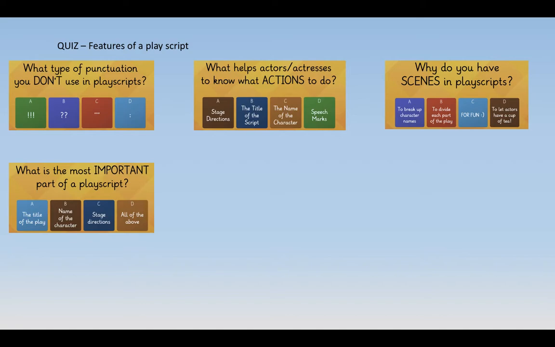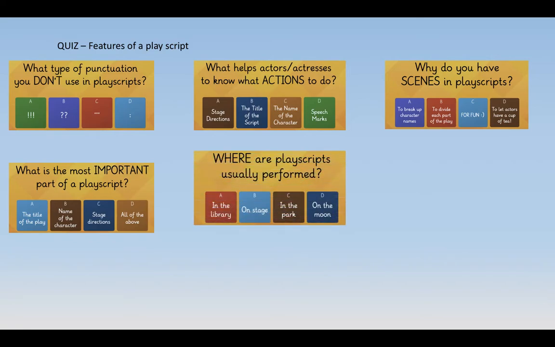Is it A, the title of the play, B, name of the character, C, stage directions, or D, all of the above? Number 5, where are play scripts usually performed? A, in the library, B, on stage, C, in the park, or D, on the moon?